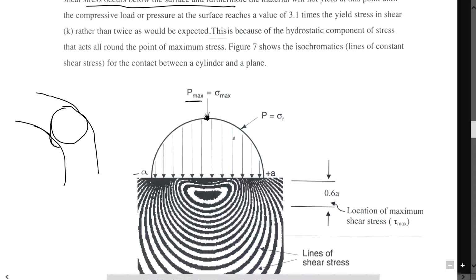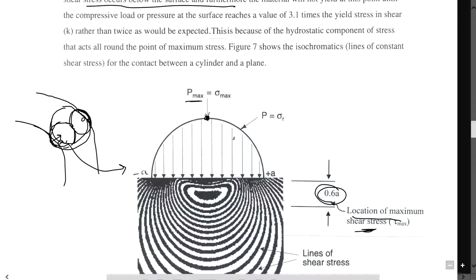This impression has a certain impression radius, as we said in the previous video, shown over here, where the impression radius is A. Same thing over here, there will be another impression radius A. The location of the maximum shear stress is 0.6 of the A.